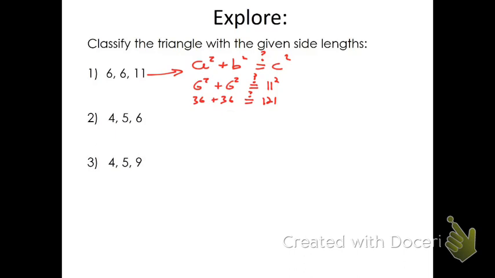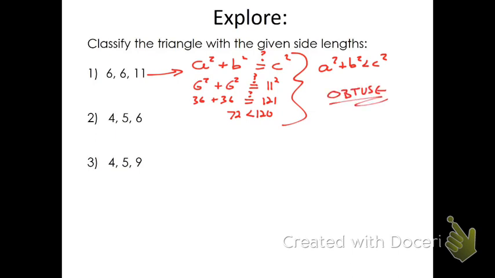Well, you probably see that 72 is much less than 121. So in this case, a squared plus b squared is less than c squared. And you're thinking, okay, what do we know about this? Well, hopefully you can conclude that since a squared plus b squared is less than c squared, this is going to be an obtuse triangle.